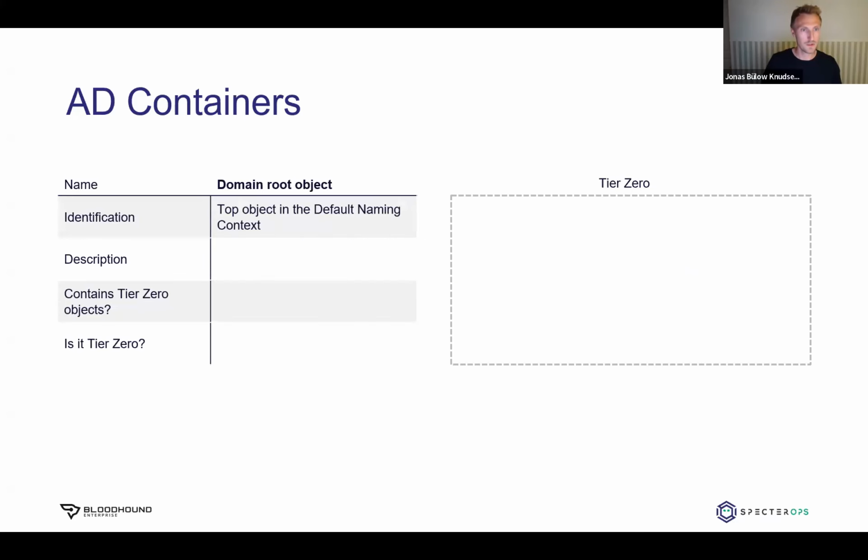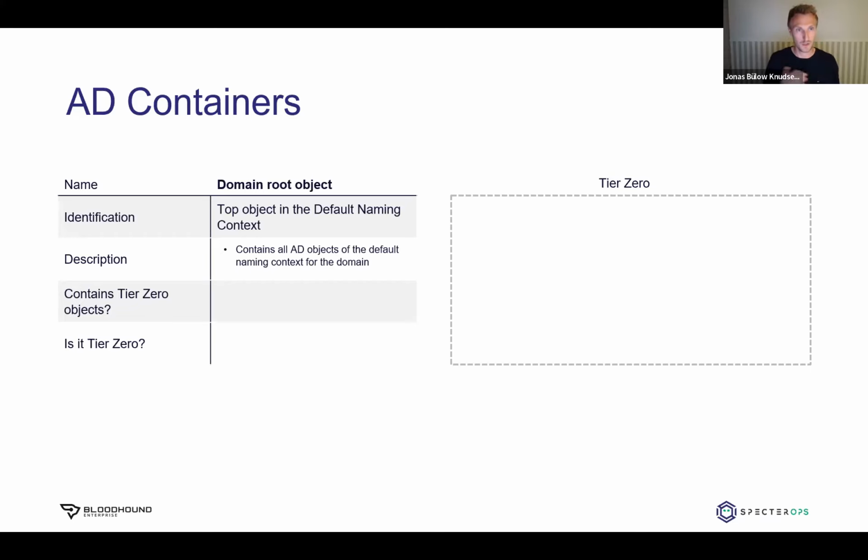Let's dive into some of the examples that were suggested. The first one was the domain root object, so the top object you look at when you open the OU structure in Active Directory. This object contains basically all the principals of the Active Directory, everything within the default naming context of the domain.